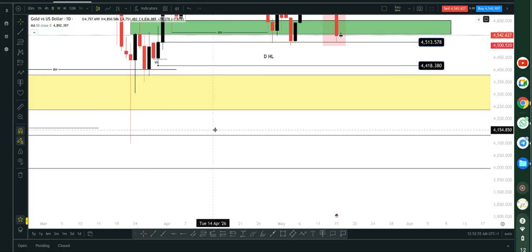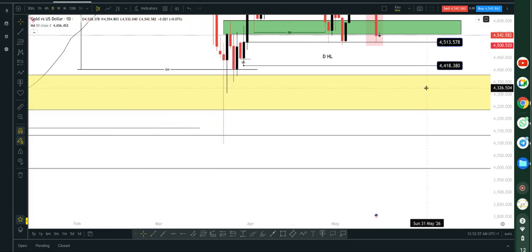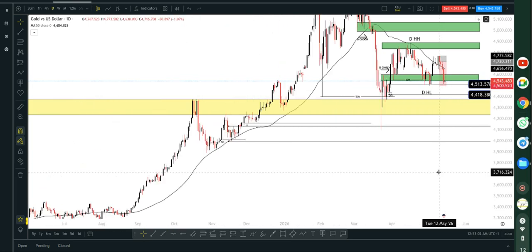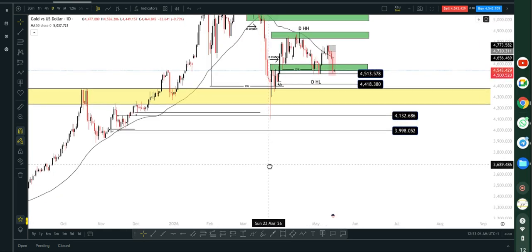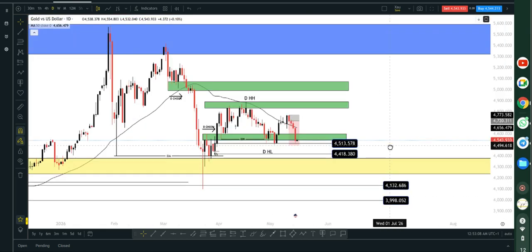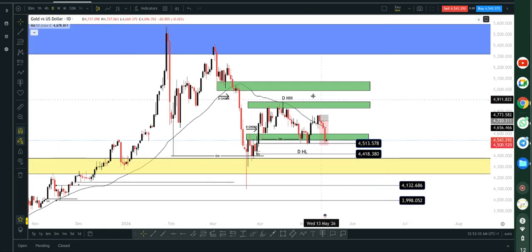Since we already know now that we are looking for sales, which is a good one, so let's go down. Now when price tapped into here the second time, this was where price changed, boom, this is the daily change.